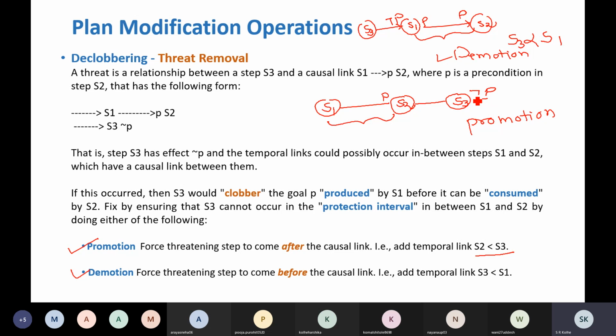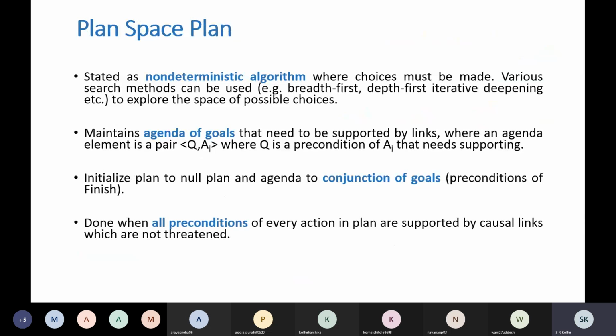Understood? Any question? If there is no question, we will move further.